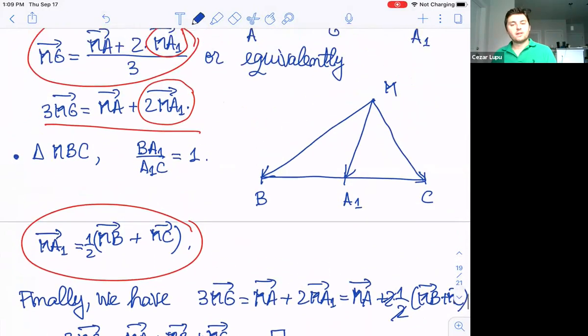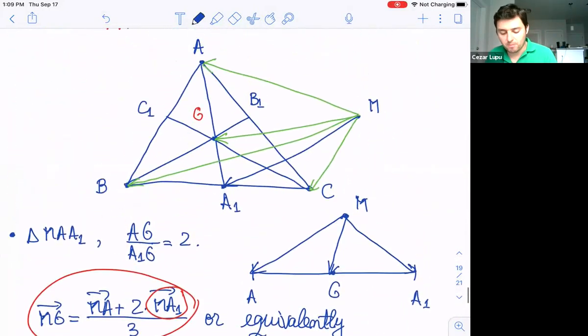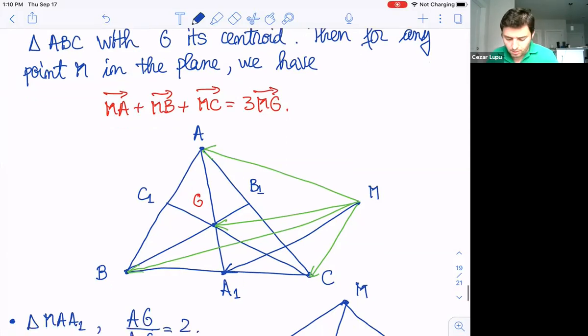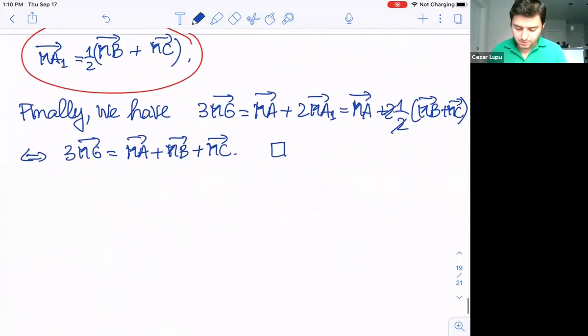You see, this is a very important relation. Keep this in mind, because it holds true for any point M in the plane, and now I can basically take M to be the circumcenter. I can take M to be some of the important points in the triangle, right? Let's see some particular cases.